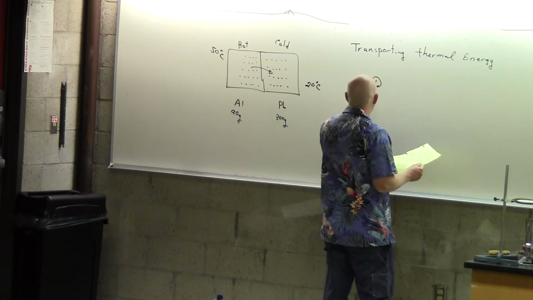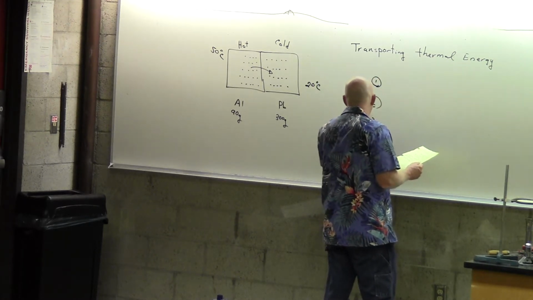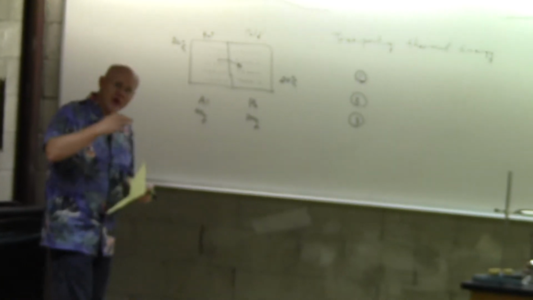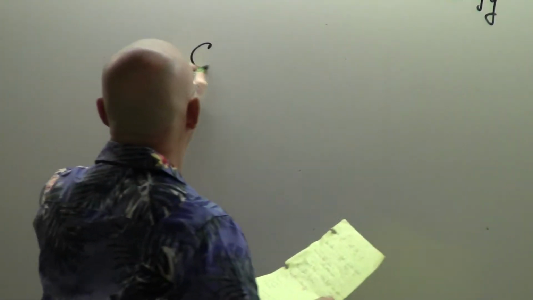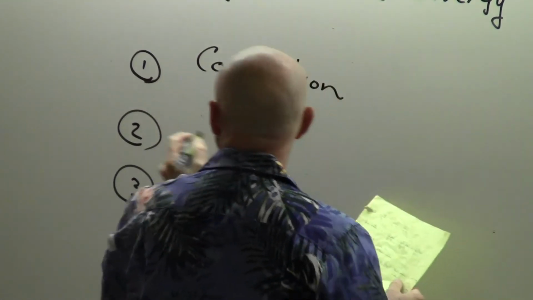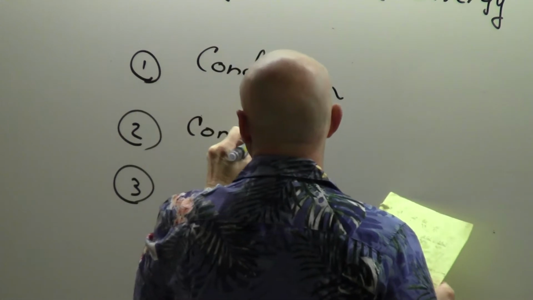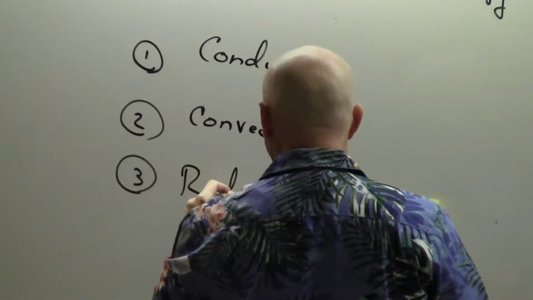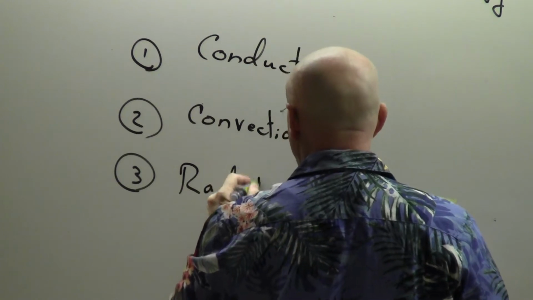And it turns out that there are 3 mechanisms of how the energy transfers from one to another. The first one is called conduction. The second one is called convection. And the last one is a word called radiation.